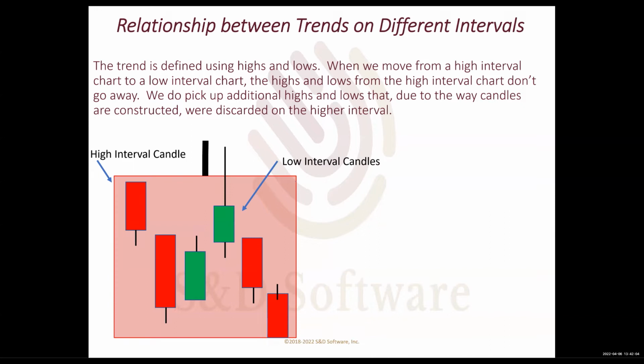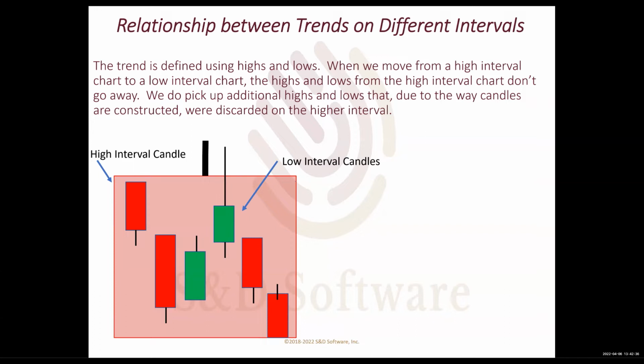Now, the highs and the lows from the higher time frame candle are still going to be there. They will get pulled into some of these lower time frame candles that are replacing the higher time frame candle. But some of the data that was previously being thrown away when we produced the higher time frame candle is now going to be exposed by these lower time frame candles.